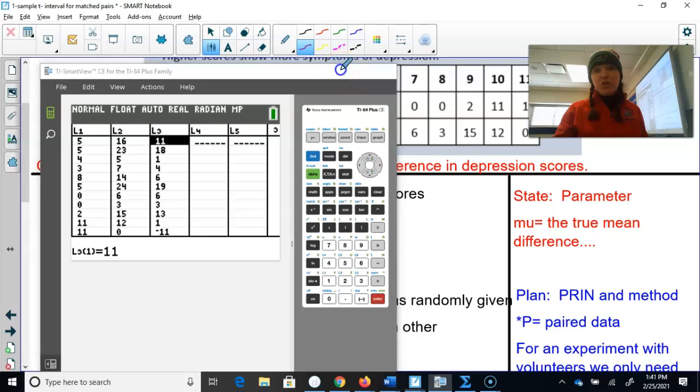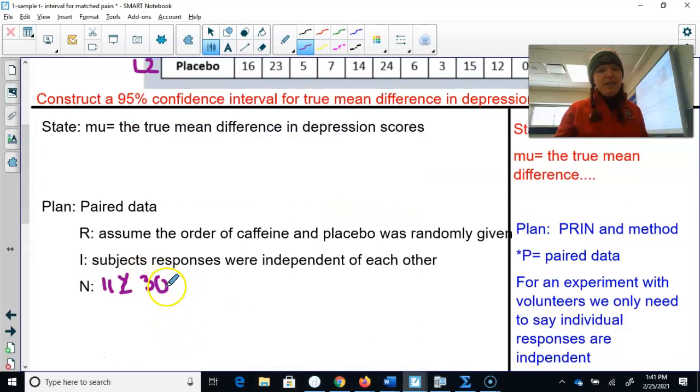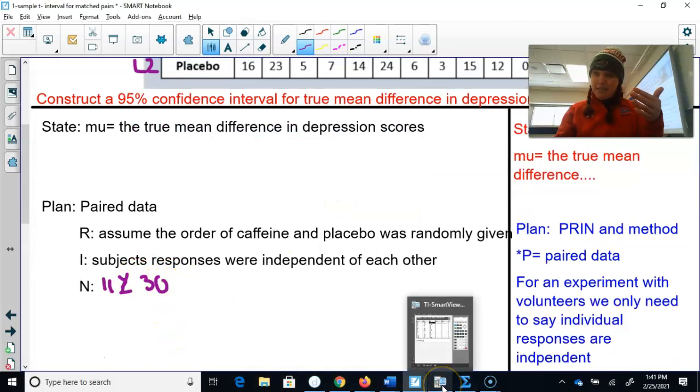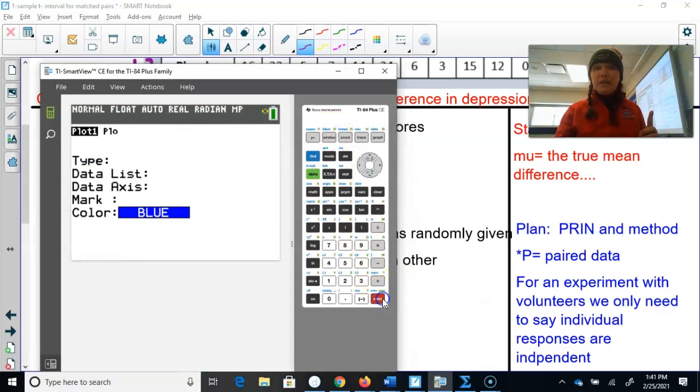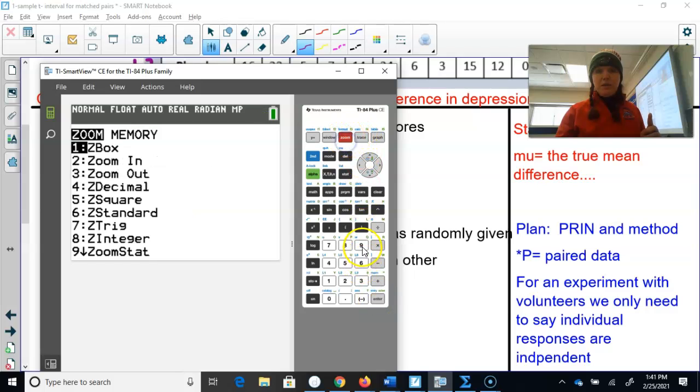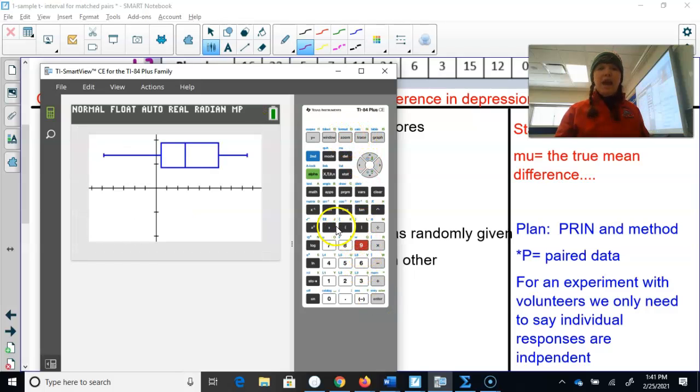We need to make sure, though, that this condition was not met, so we rely on the t distribution being robust. Let's first look at the box plot. Let's make sure that there are no outliers in our L3. Hit enter, zoom 9. I have no outliers, and in fact, this looks pretty symmetric.